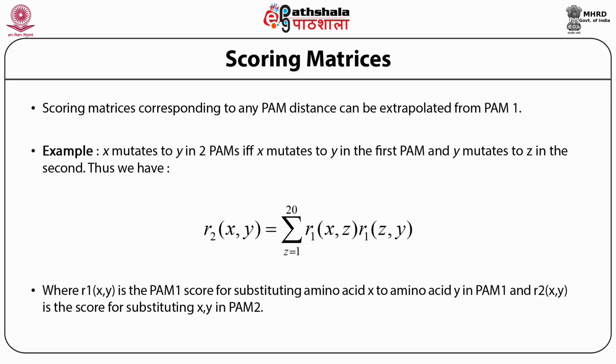If you look at this formula, anybody with a 12th class maths background will say this is the formula for matrix multiplication. So what does one do therefore? To construct PAM2, I simply take the PAM1 matrix and multiply it by itself, and I get PAM2. This way one continues; one can make PAM3, PAM4, PAM10, PAM100, PAM200, PAM250, or whatever you like.